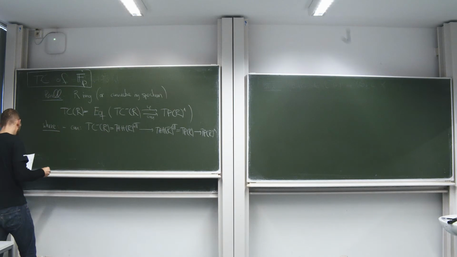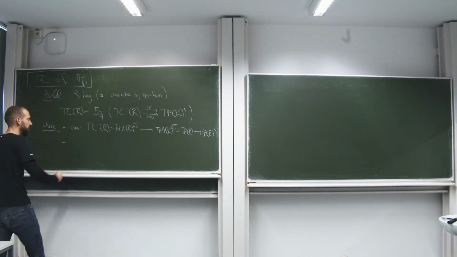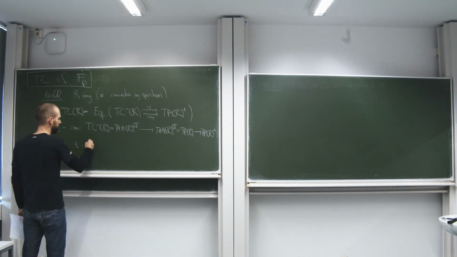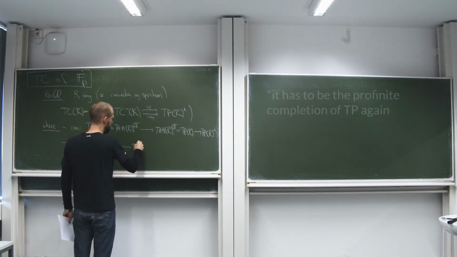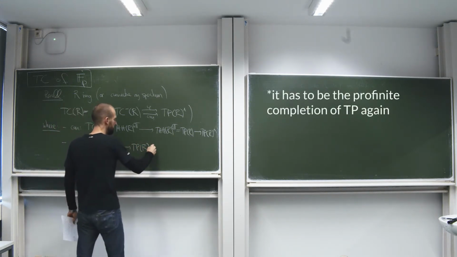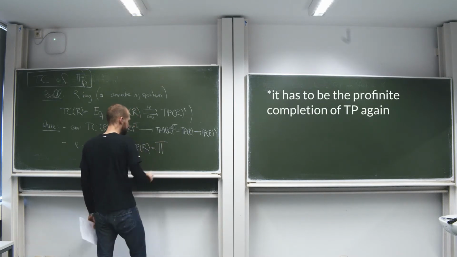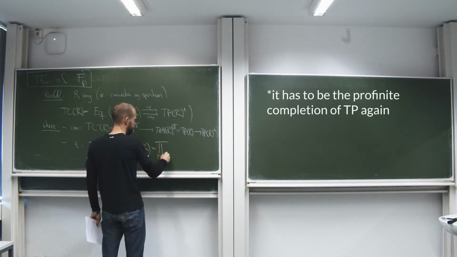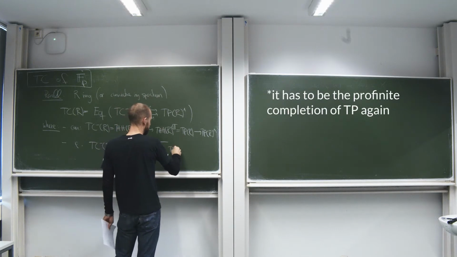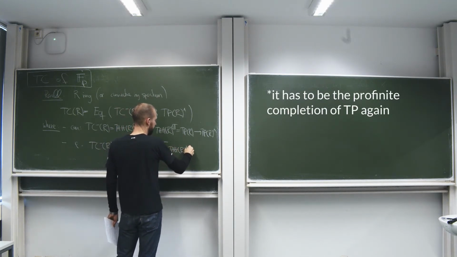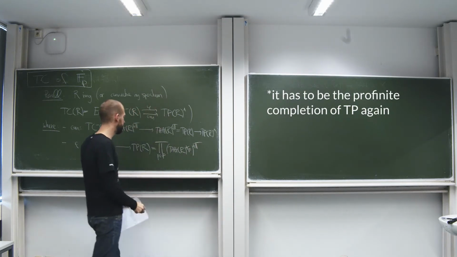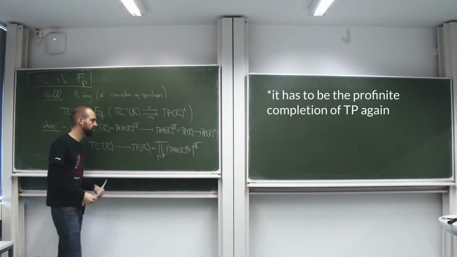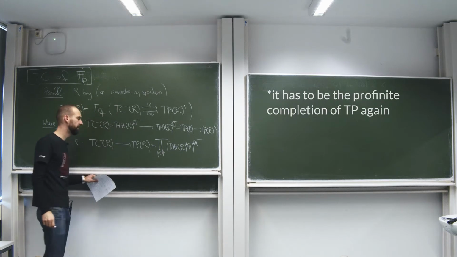And what is the map phi? The map phi is a map from TC minus R into TP R. And to see that this exists, we just write this as a product over all primes of THH R Tate C_p, homotopy T. So that was the theorem we explained in the last lecture, that those are canonically equivalent.